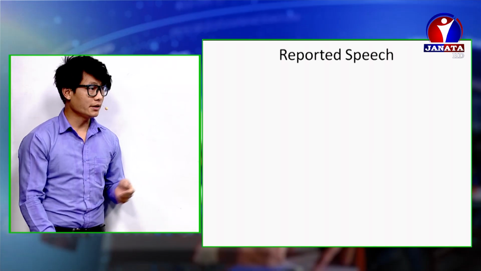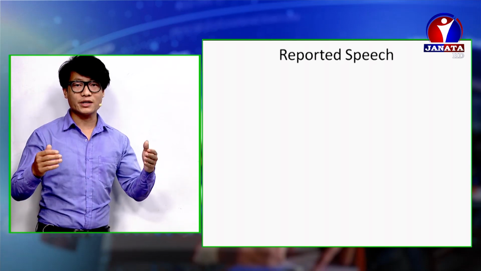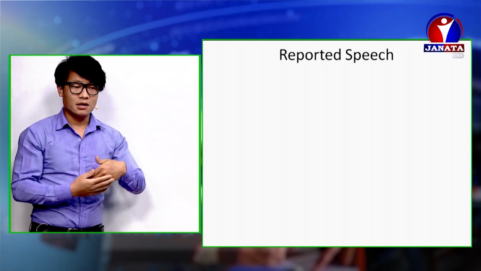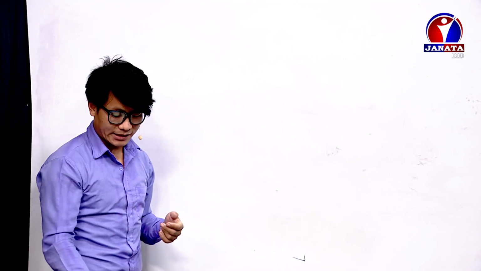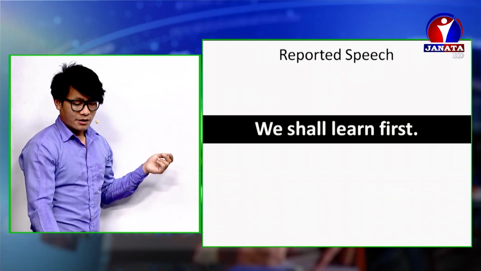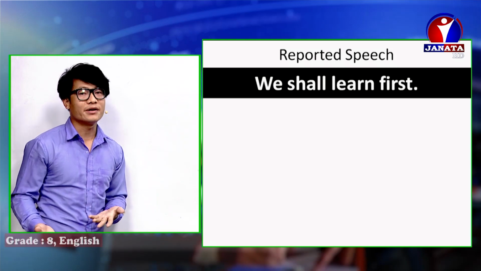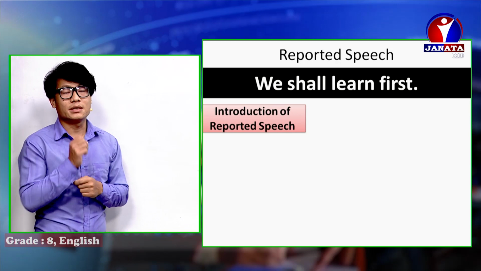First of all, let me show you what we are going to learn before changing direct speech into indirect. First of all, we shall learn the introduction of reported speech.